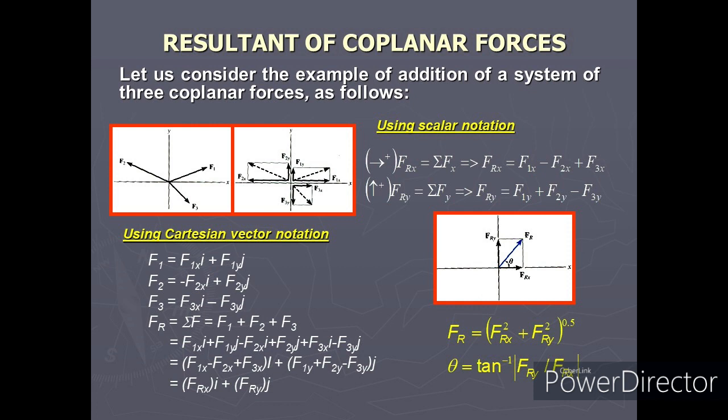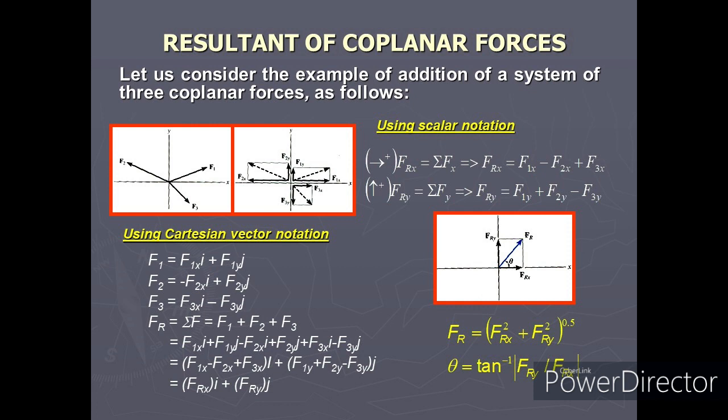F1x i plus what? F1y j. Good. What about F2? Similarly for F2 and F3, right? It will now be F2y, F2x, isn't it? And then we now sum it up.